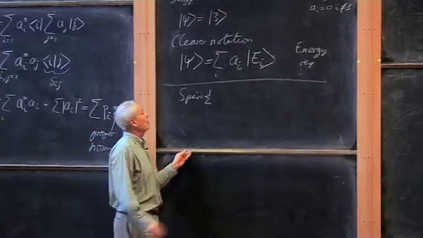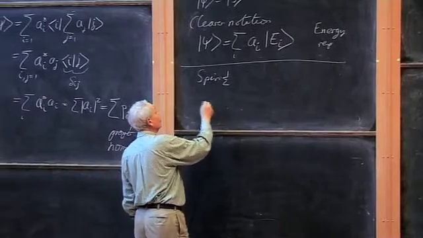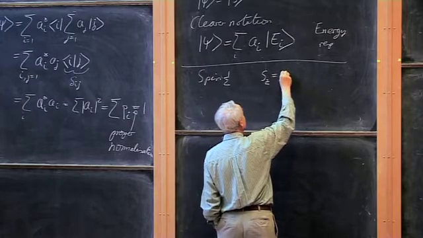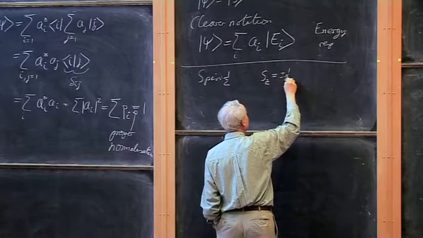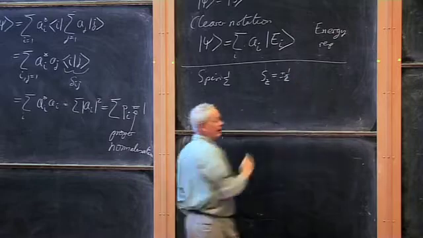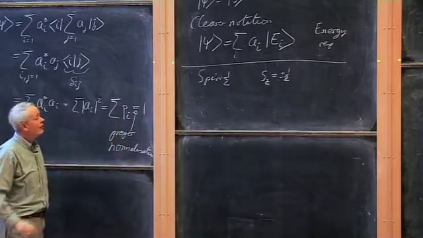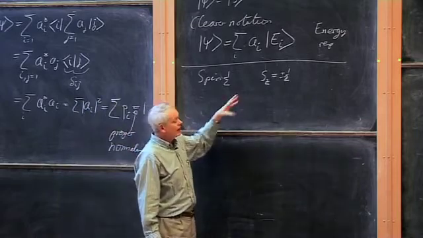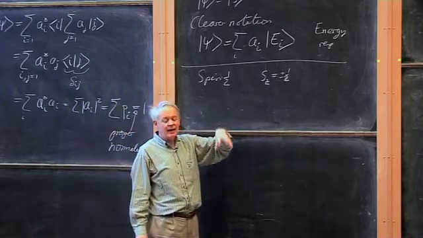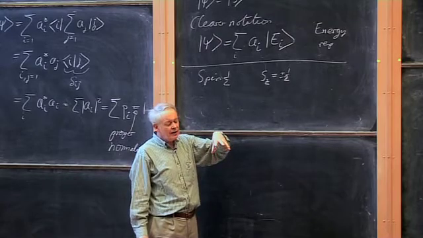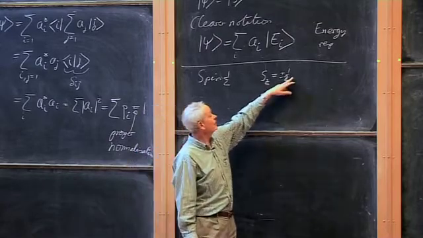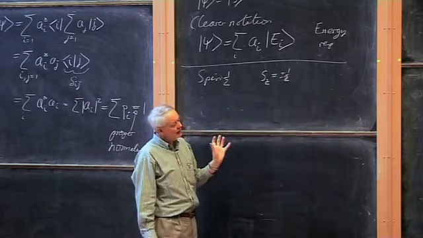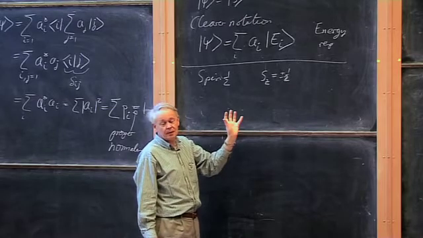So if we measure the spin along the z-axis, I'm going to say that this is now plus or minus a half. Now, yesterday I had an h-bar here in some sense. I was using a slightly different notation, but I had an h-bar there. h-bar has dimensions of angular momentum. So if Sz is plus a half, that means the angular momentum in the z direction is plus a half h-bar.